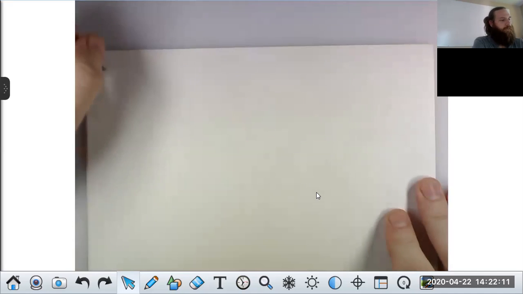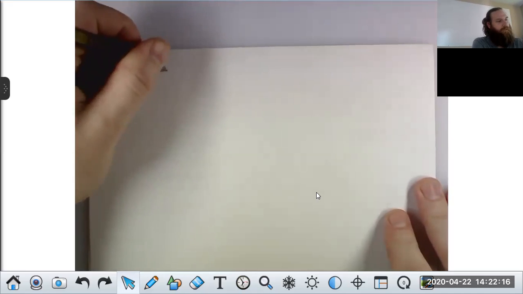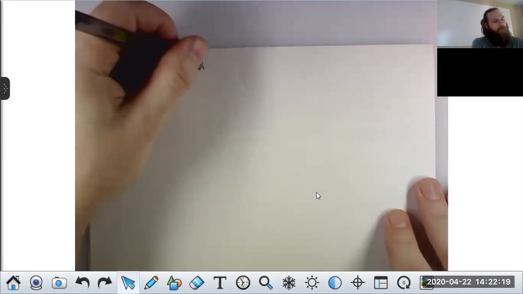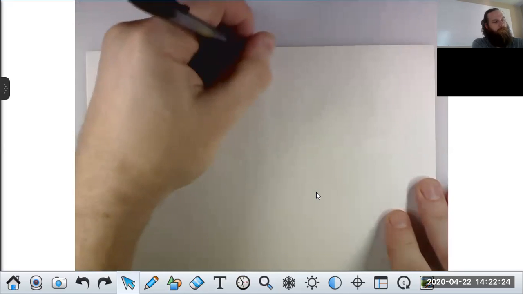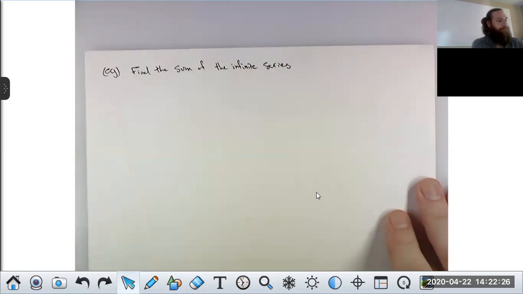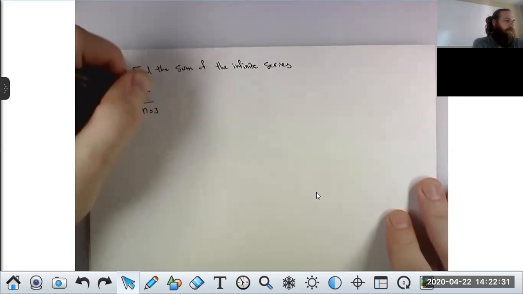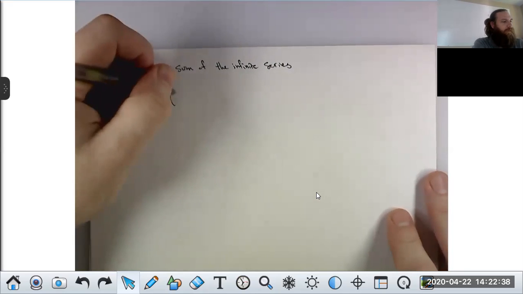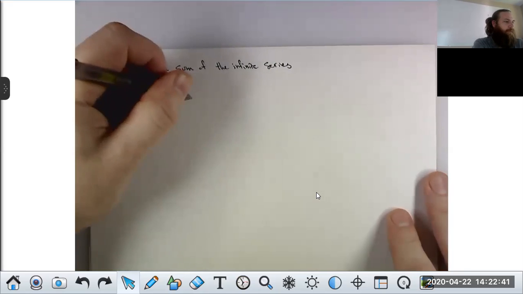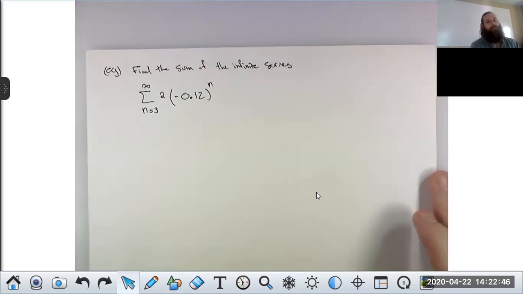So let's find the sum of the infinite series, sigma, let's say n equals 3 to infinity of, how about 2 times negative 0.12 to the n.